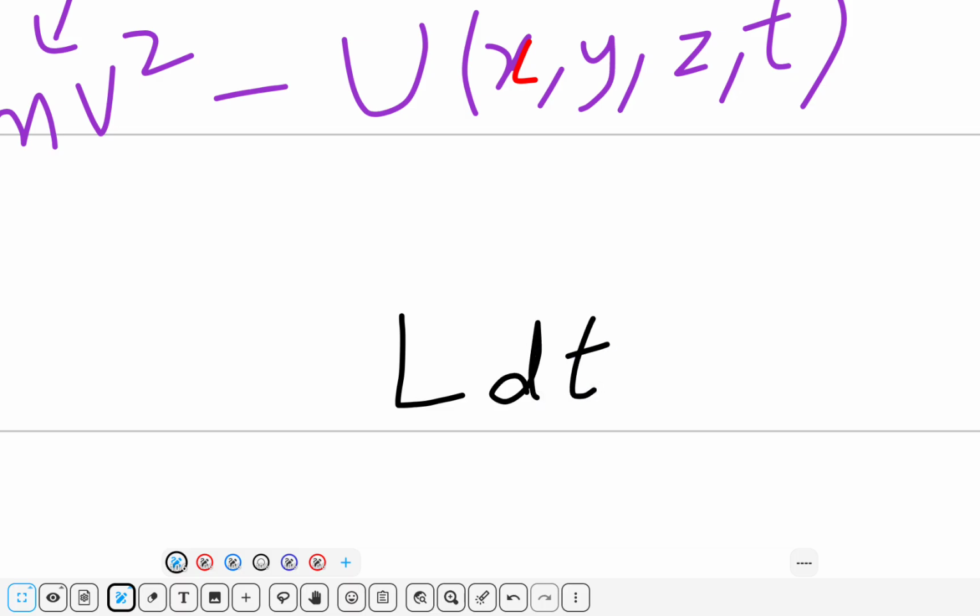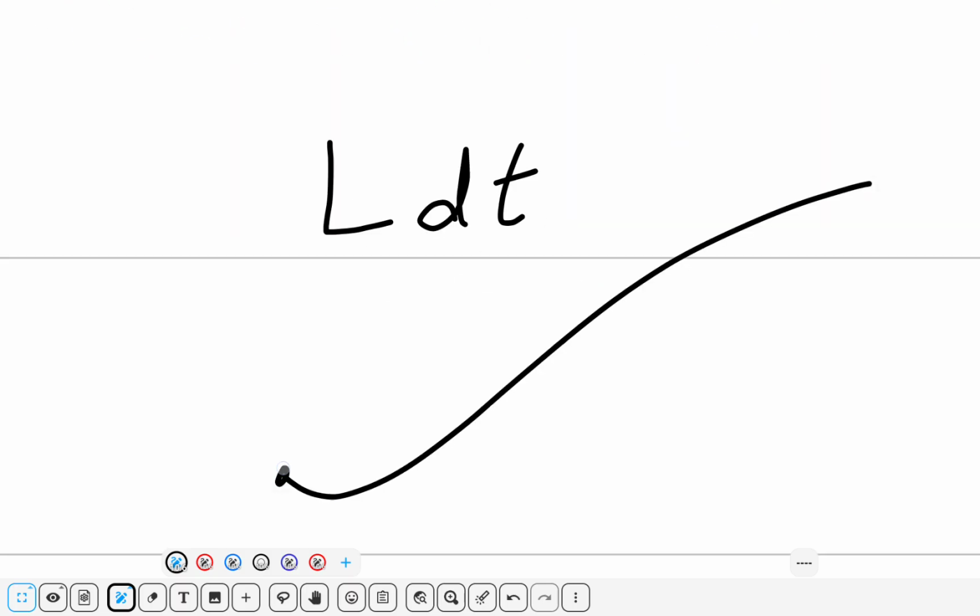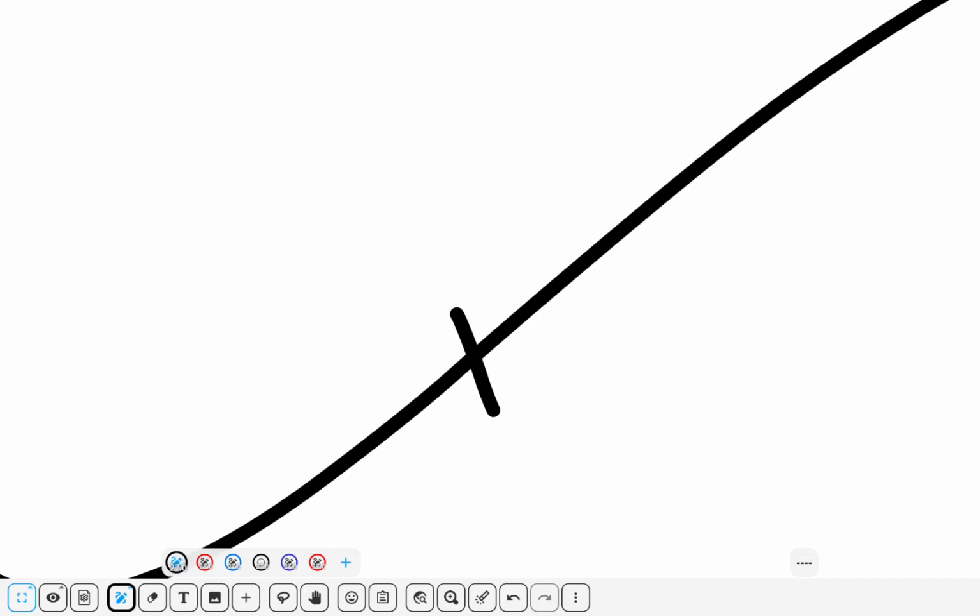spent in that region. Let's say your small object went from here to here, and let's say it was here. Then at some point it will be here and it will go here, right?